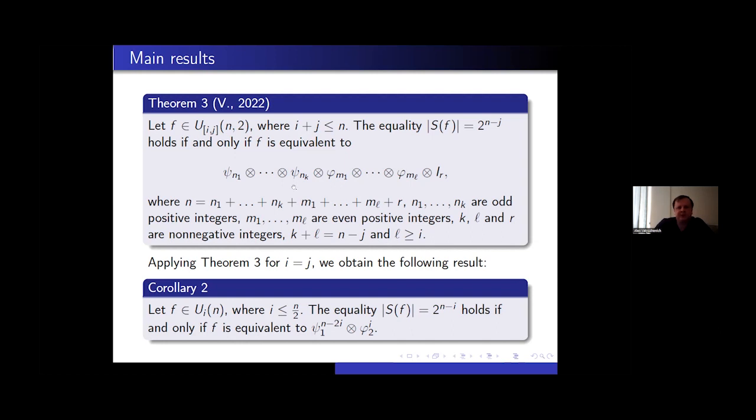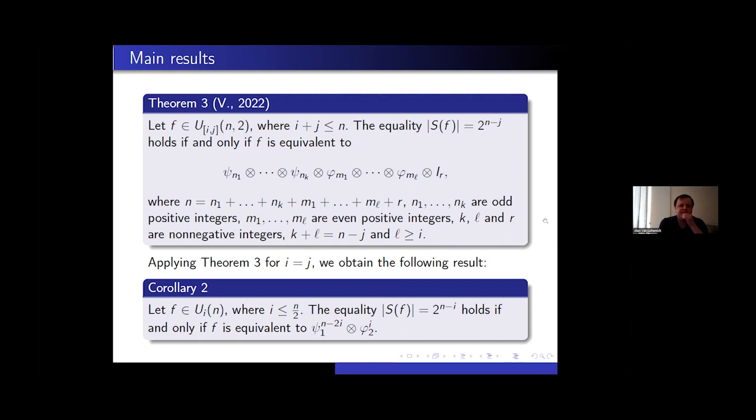This product contains three types of functions: psi, phi, and the third type, and we also have some special conditions on the partitions. In this case, we have k plus l equals n minus j, and l is greater than or equal to i.